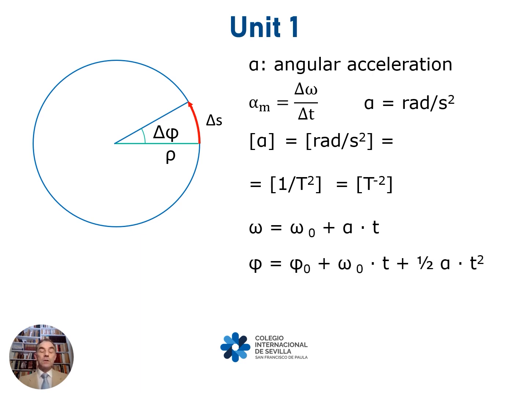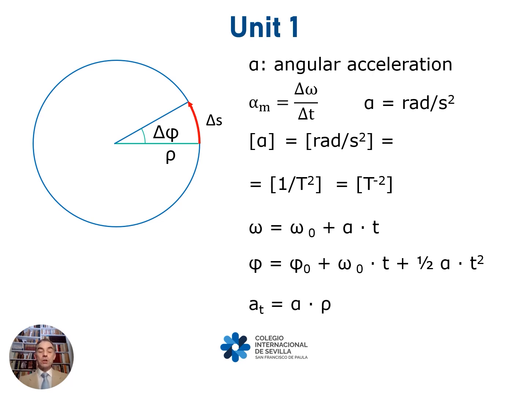And also similarly to what happens in the uniformly accelerated rectilinear motion, phi, the angle swept, equals the initial angle plus the initial angular speed omega 0 times the time plus a half of the angular acceleration times the time squared.